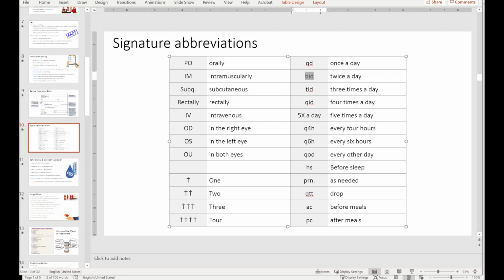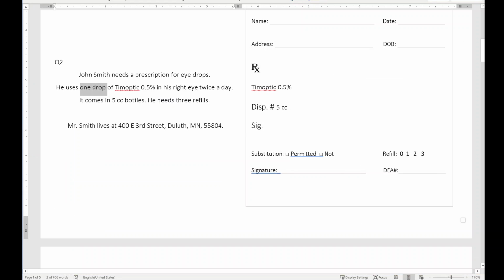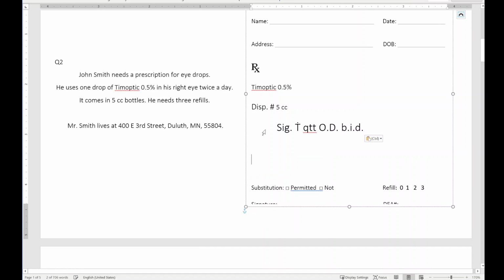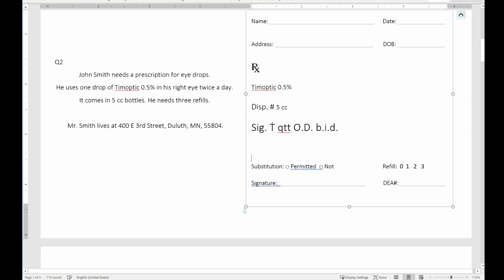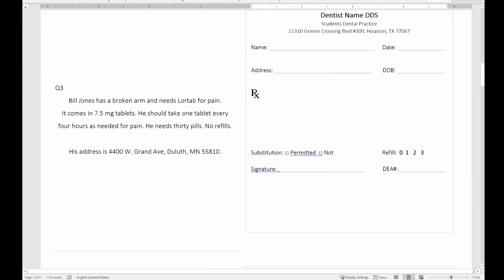So this would be our signature here. Again, these might be a little bit more complicated. That will be easy as we go more forward. That is our signature here. One drop in the right eye twice a day. Refill, we said refill 3 times. So here we go.